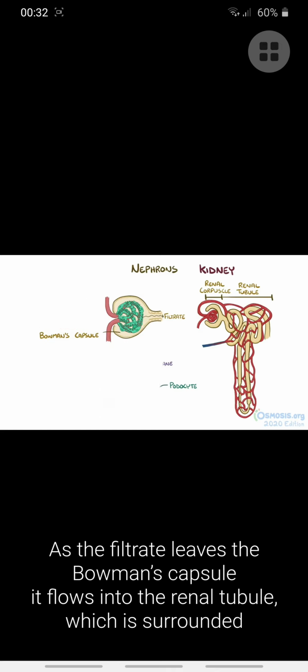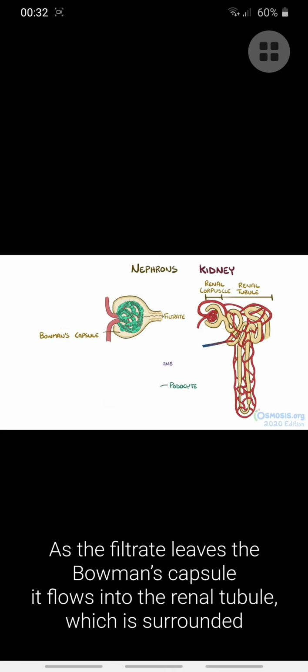Each nephron also has a unique region called the juxtaglomerular complex, which is involved in the regulation of blood pressure and the glomerular filtration rate, or the amount of blood that passes through the glomeruli.